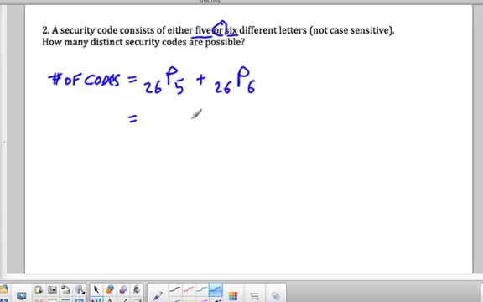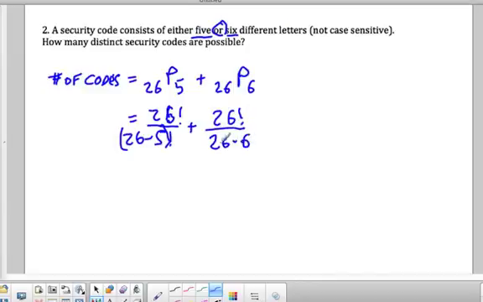So this is going to be equal to 26 factorial over 26 minus 5 factorial, plus 26 factorial over 26 minus 6 factorial.